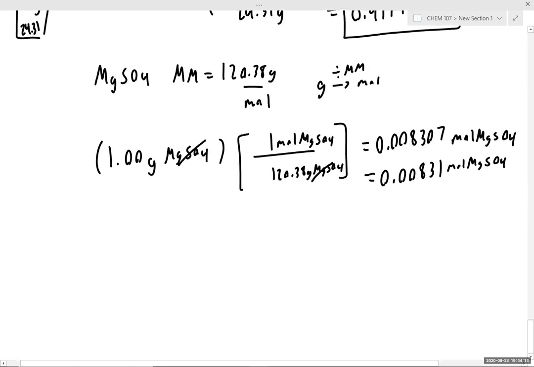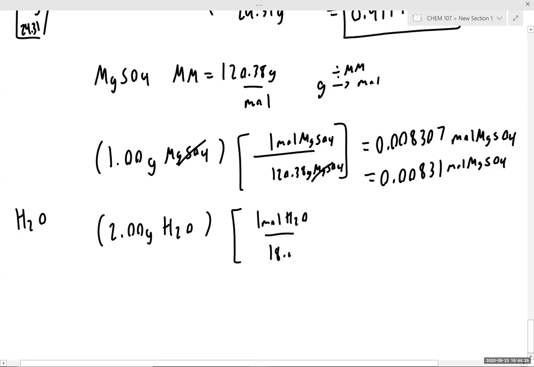Likewise, suppose that we had 2.00 grams of water. So H2O, we know in 1 mole of water, we have 18.00 grams.